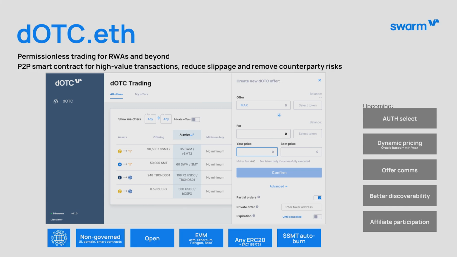And then we have the private offer, which is a way to say, I will only offer this to a particular wallet. That's quite useful when you've agreed with someone that you're going to do a deal, but you don't want somebody else to come and take out the deal and front run somebody else. So it solves the whole front running issue. You just say, give me the wallet address that you want to do this transaction from.